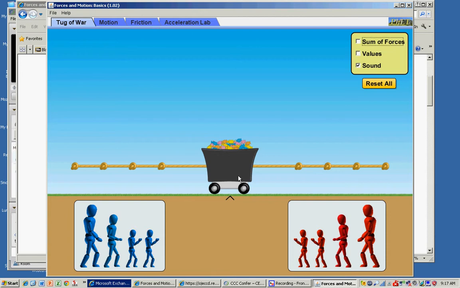I think the best thing to do first is just to play around with the system itself.